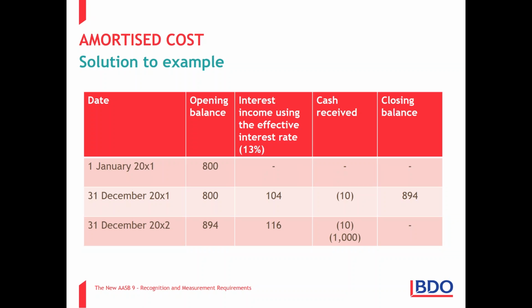You get your new closing balance, 31 December 20x2, you have another cash flow, which is your 10% on the 1,000, and important to note that your interest, using your effective interest rate, your 13%, you put into your journal.